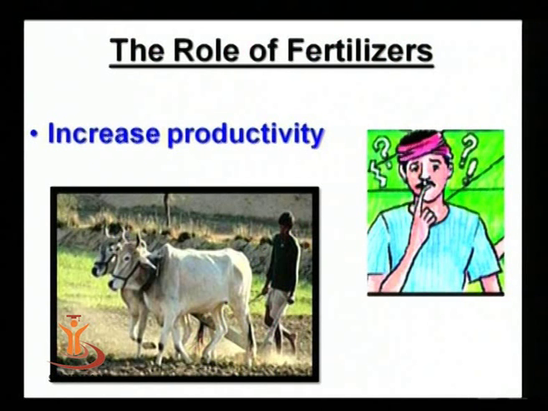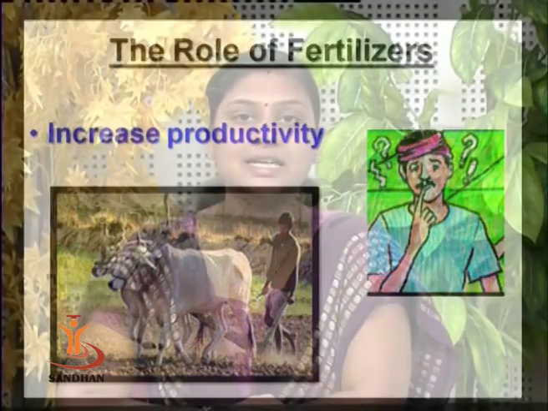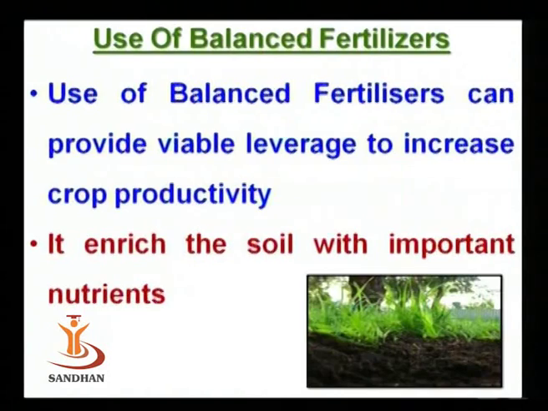The simple answer is to enhance or increase productivity. For productivity enhancement, farmers have to use different types of fertilizers, and they are available in the market in a variety of forms: chemical fertilizers, organic fertilizers, inorganic fertilizers, and, importantly, biofertilizer.